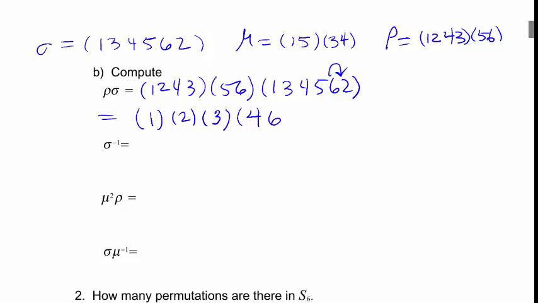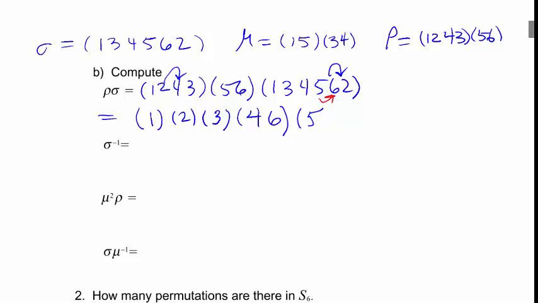I see that 6 is sent to 2 by the first cycle. So I'm looking for 2. 2 is sent to 4, and that's good. We close it, and we see that 1, 2, and 3 are fixed. 4 goes to 6. Well, we do need to check 5. I mean, if it's not fixed, I've made a mistake, because it's the only one we have left. But let's check.